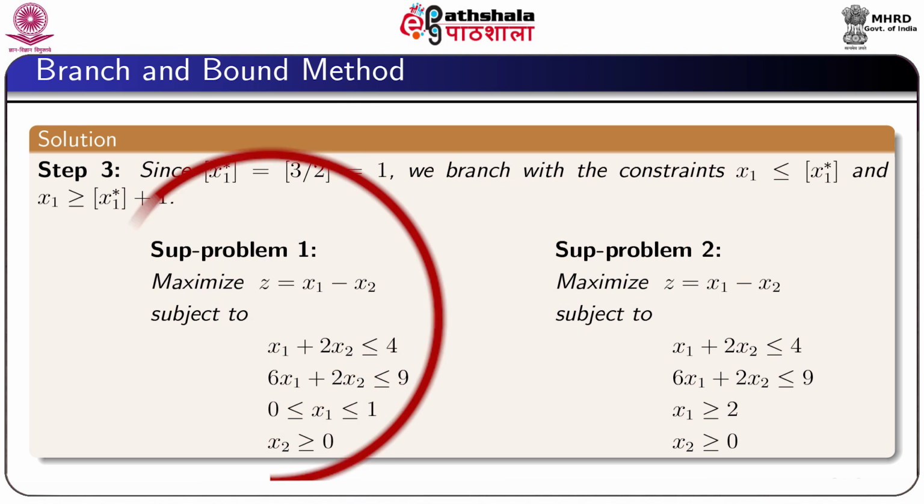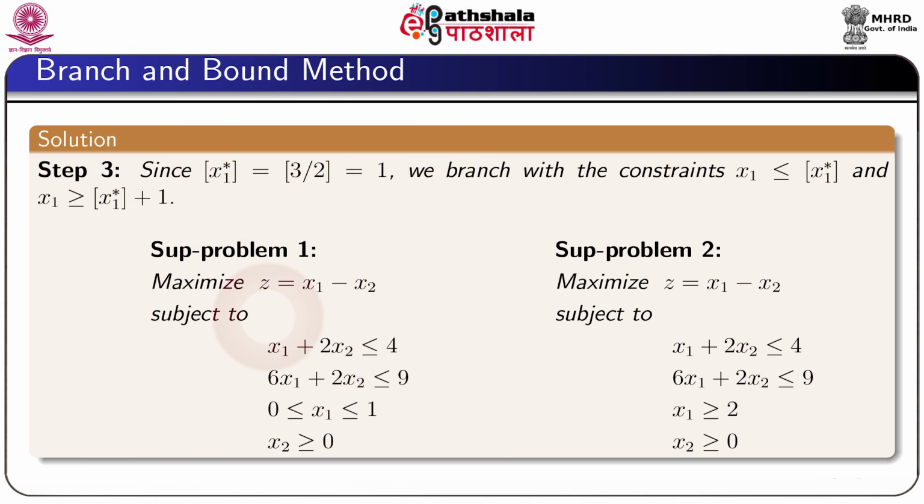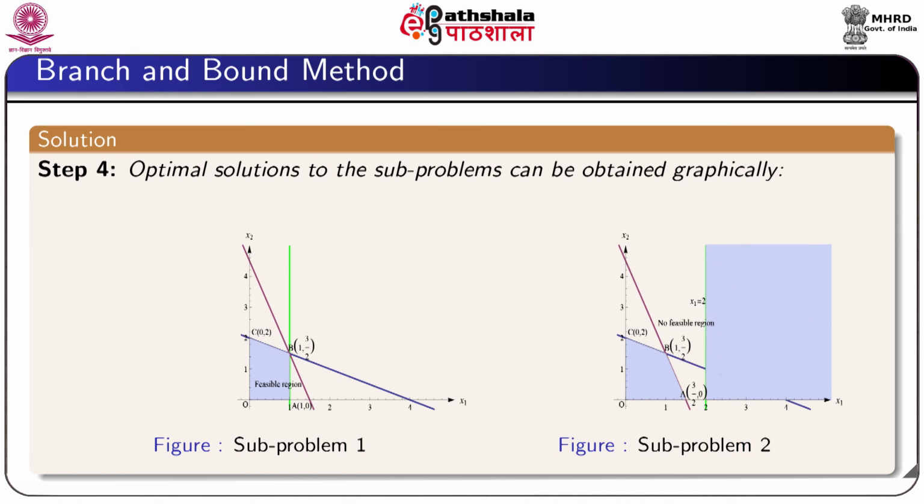In the subproblem 1, we have the additional constraint 0 less than equal to x1 less than equal to 1, and in subproblem 2, we have the additional constraint x1 is greater than equal to 2. The optimal solutions to these subproblems can be obtained graphically as shown in this slide.